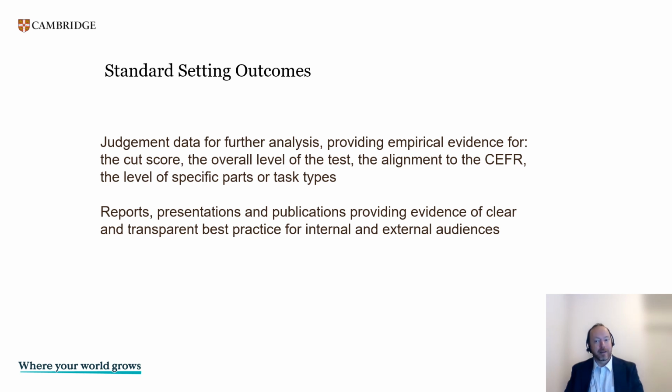However, it may also show that the cut score is higher than or lower than expected, or that one of the grade boundaries within the CFR is in a different place than intended. It might show that a particular part, section, or task type is not performing as intended. All outcomes related to cut scores, boundaries, and levels are shared with whoever's making the test and revision of the test specifications.